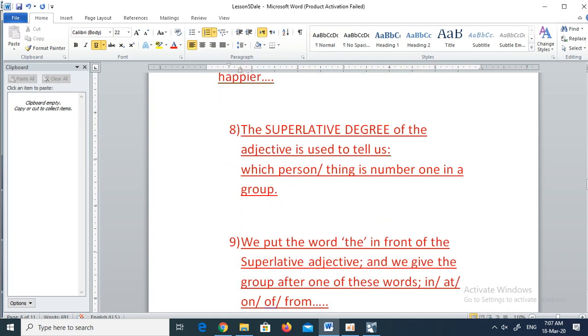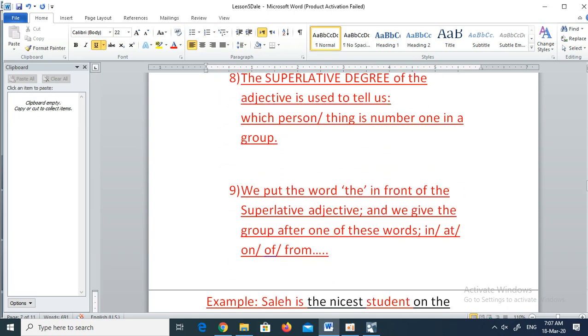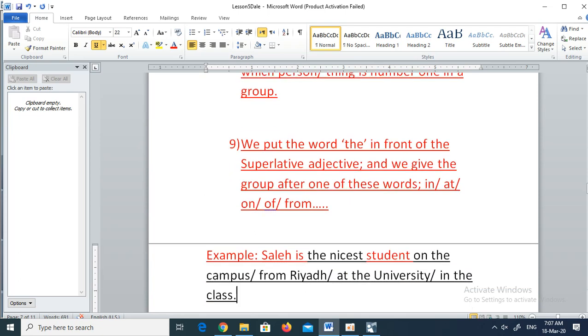So, when we use the superlative adjective, we put the word the in front of the superlative adjective, and then we speak about the group that the person is number one in. And when we give that group, we usually introduce it with one of these words, in or at or on or of or from or some similar word.